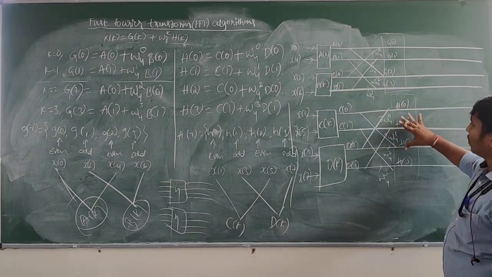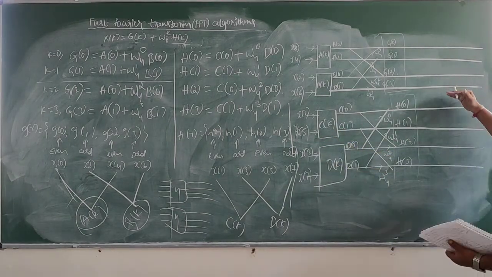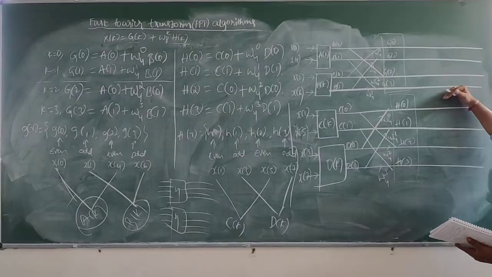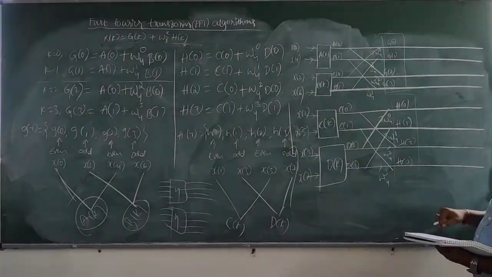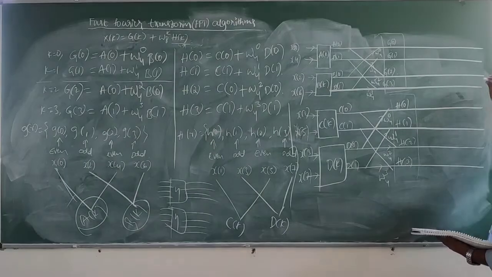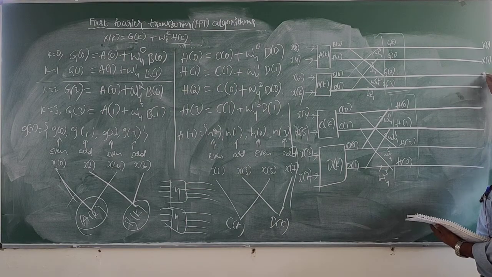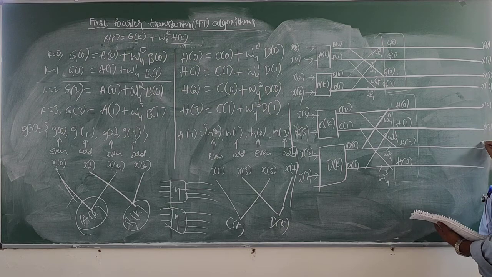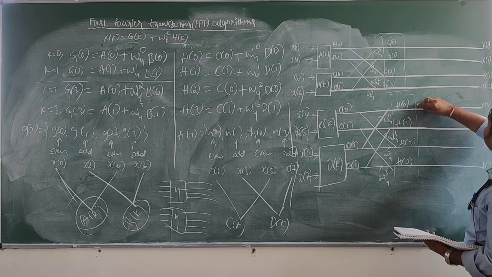So again this 4-point DFT is split into two 2-point DFTs. Okay. So next is same as earlier, that is x of 0, x of 1, x of 2, x of 3. Okay, you retain that structure, x of 0 to x of 7, x of 1, x of 2, x of 3, x of 4, x of 5, x of 6, x of 7. Okay, so I will write the same structure.